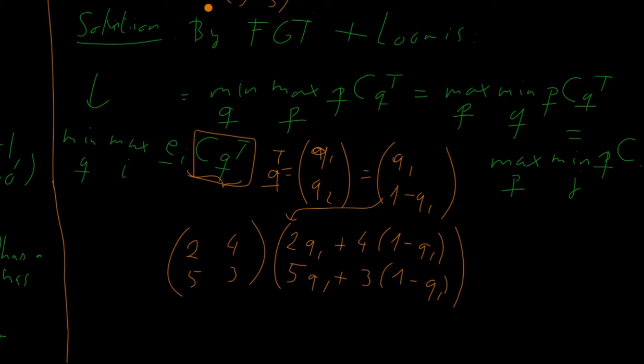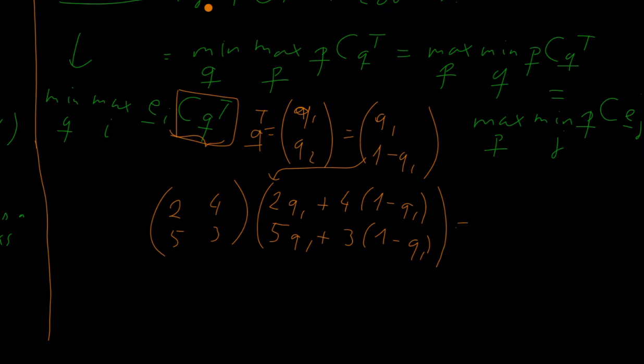Great, because we can collect the Q1 terms, so it will be 4 minus 2Q1 and 3 plus, since 5 minus 3 is also 2Q1, 2Q1.